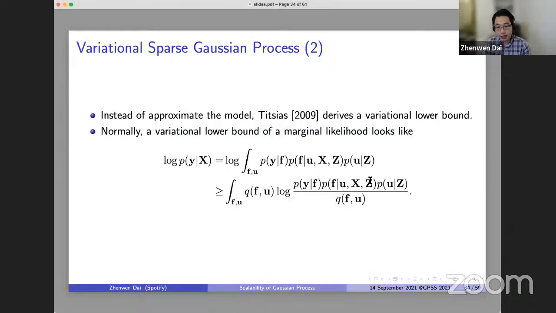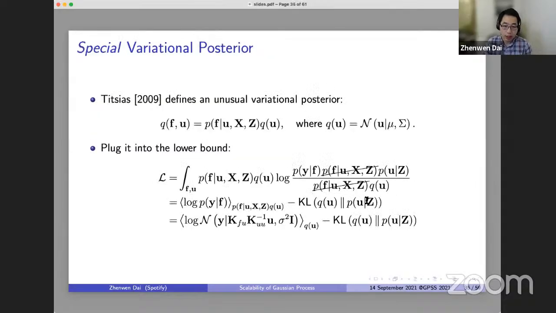In the numerators are the joint distributions, basically P of Y given F, P of F given U, and P of U. And the denominator is Q of F comma U, which is basically the joint variational posterior. To get some speed up, Titsias proposed a rather special formulation of the variational posterior.